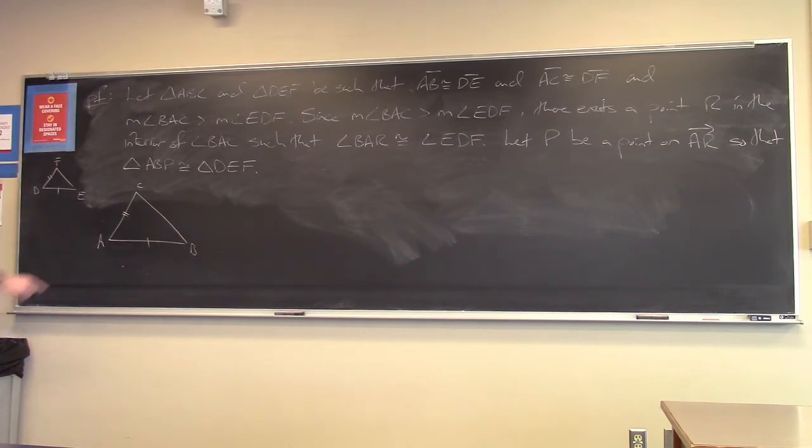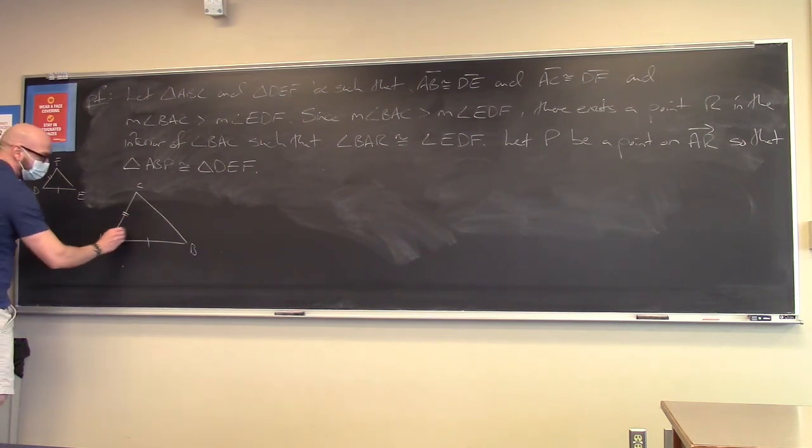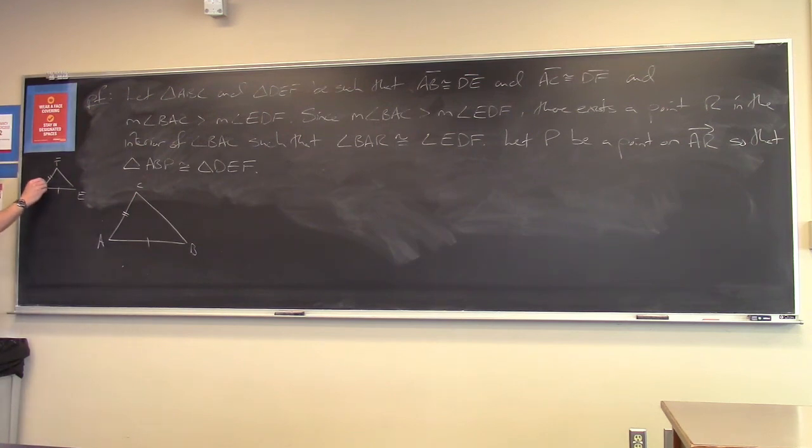Since this angle is bigger, I can find some point in the interior of this angle so that when I construct the ray, that ray is the same as this angle right here.